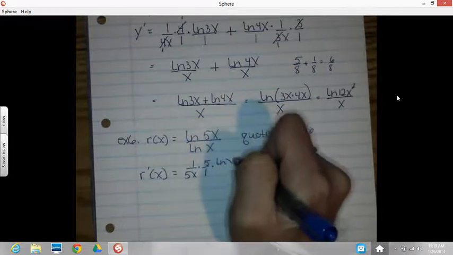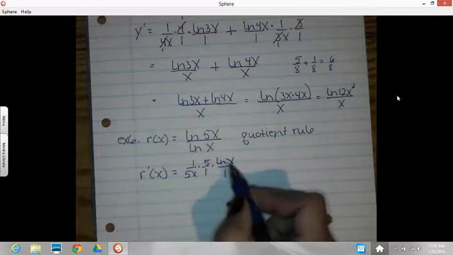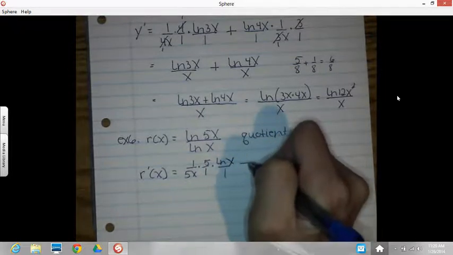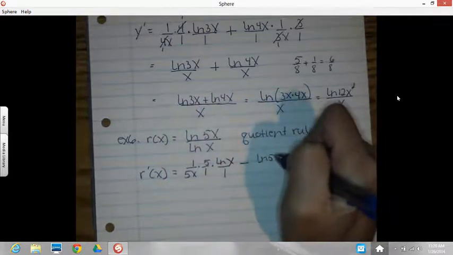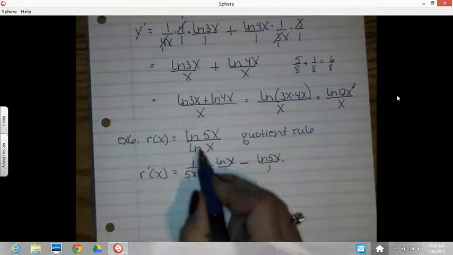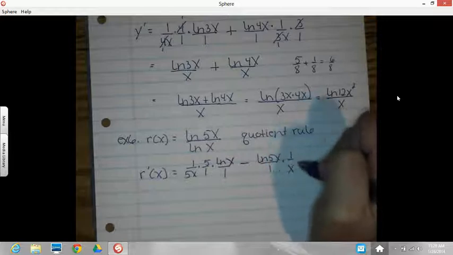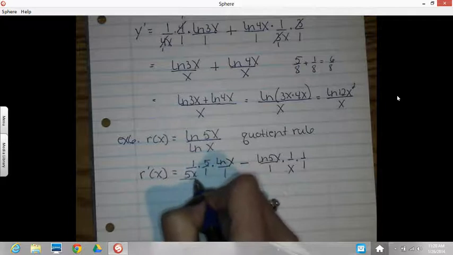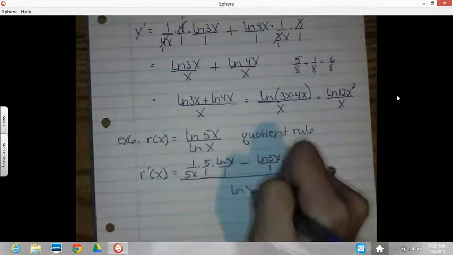Just keep everything lined up when you've got these fractions going on. So that was my u times my v prime, minus, keep the top, natural log of 5x, times the derivative here, the natural log, so it's 1 over x, times the derivative of x, which is 1. Then that's all over the bottom squared.